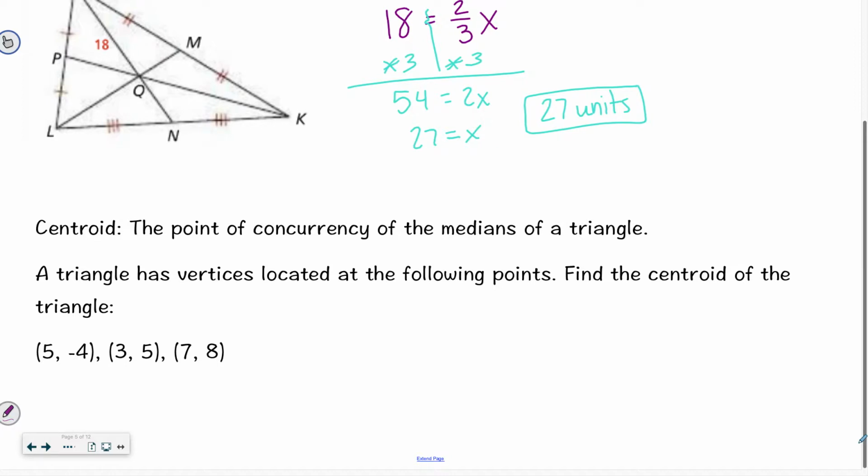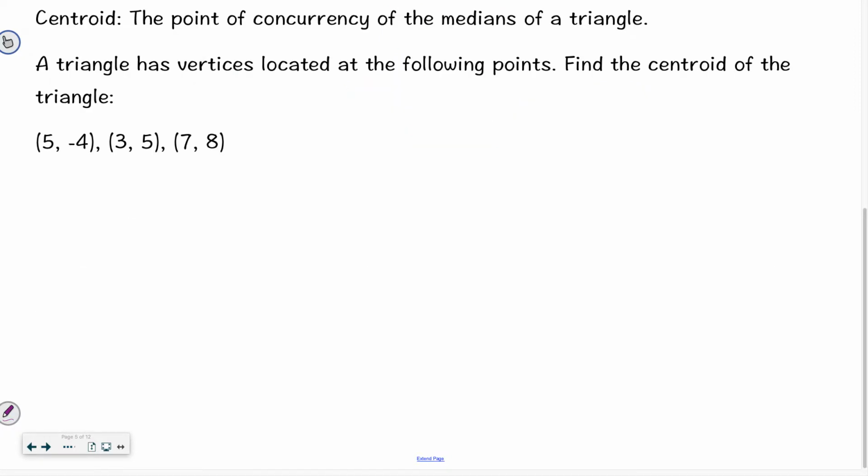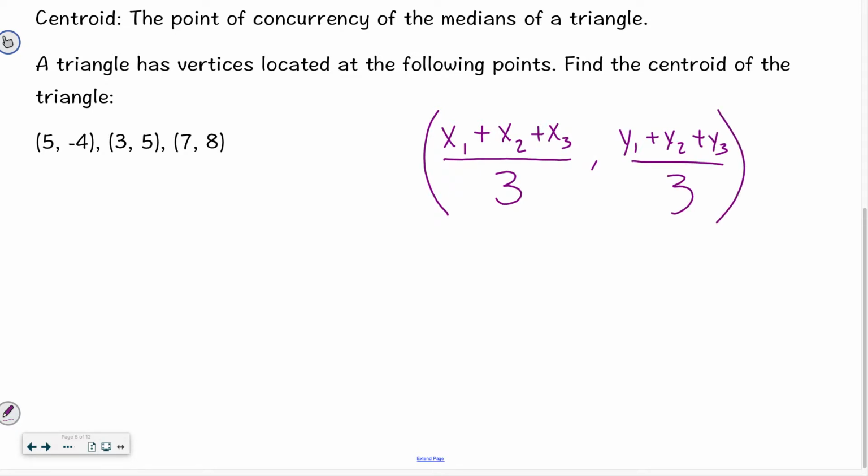The way that you find a centroid on a coordinate plane is you say x1 plus x2 plus x3 divided by 3, because we have 3 points, and then y1 plus y2 plus y3 divided by 3. That is going to be your centroid.